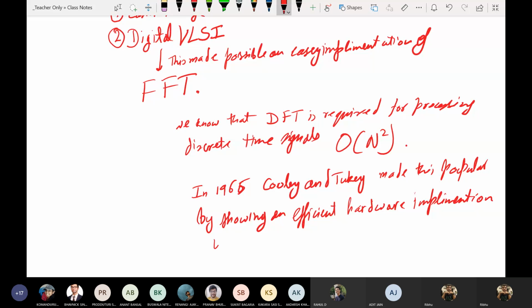using, so in DFT you need a single adder and a single multiplier to calculate the classical DFT or the Goertzel algorithm. You require a single multiplier and a single summer, but for FFT you actually trade off the computational complexity for the hardware complexity, and Cooley and Tukey showed an efficient implementation using VLSI architectures.